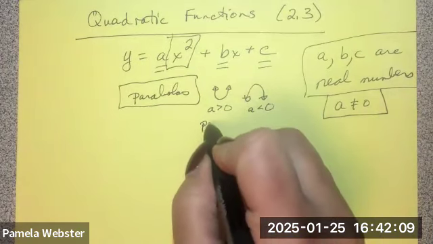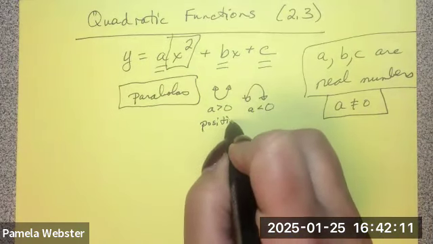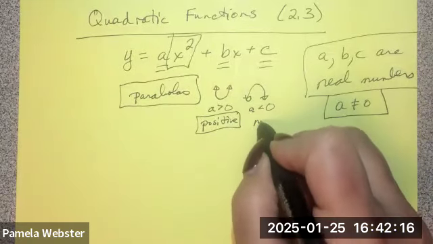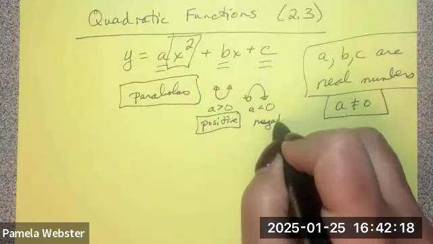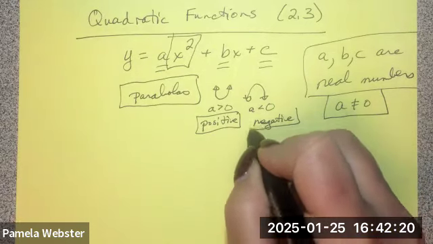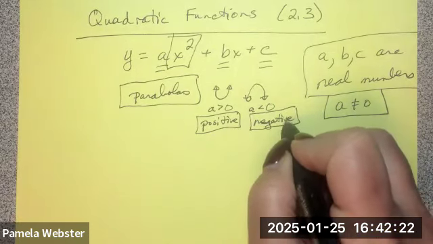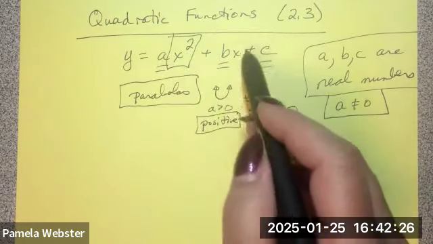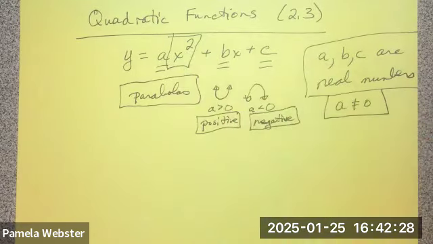This one would be a positive leading coefficient, and this one would be a negative leading coefficient, or the a. That's the first coefficient when you have this in descending order: x squared comes first, then the x, then no x's, right?